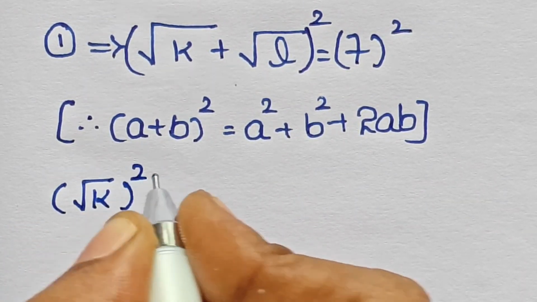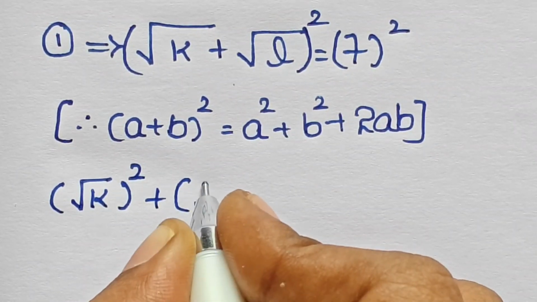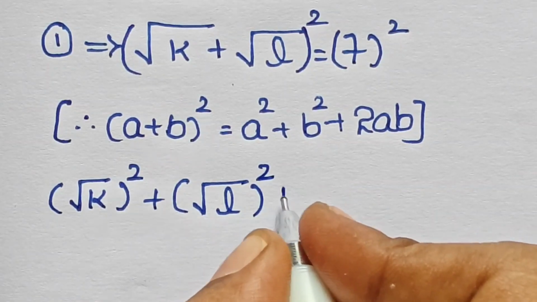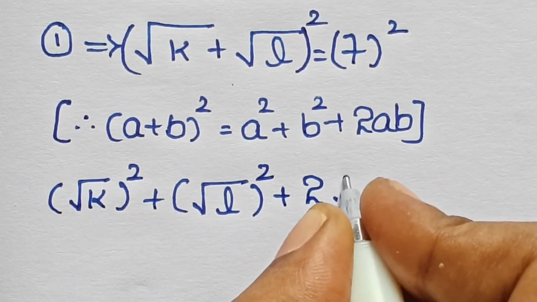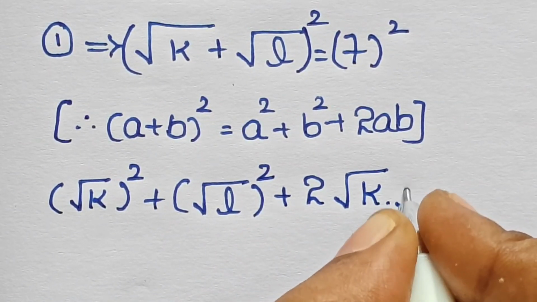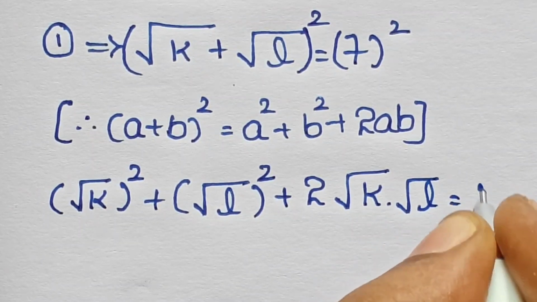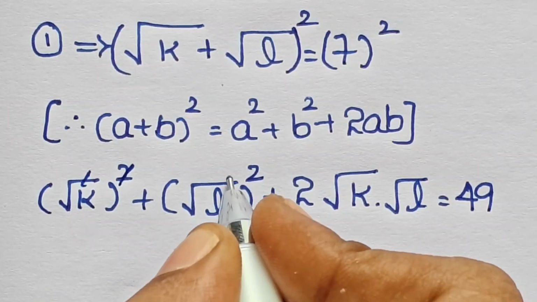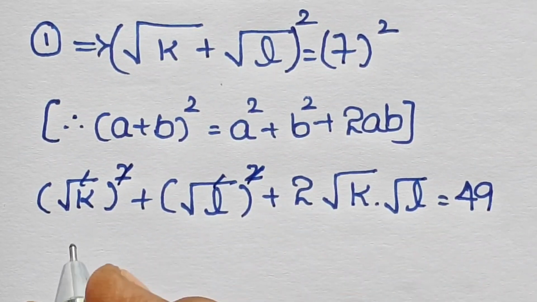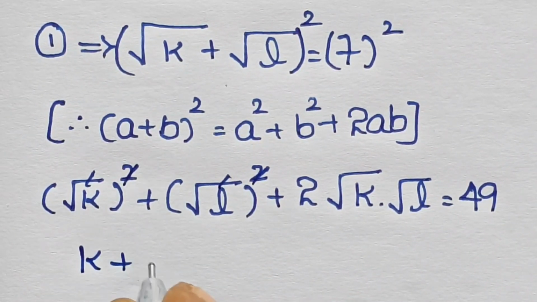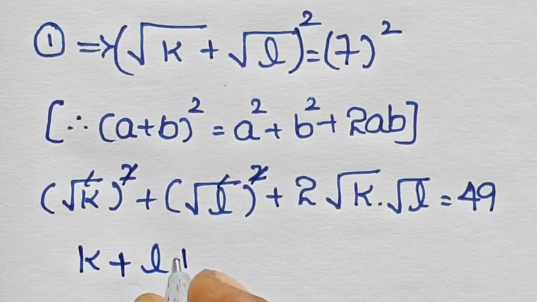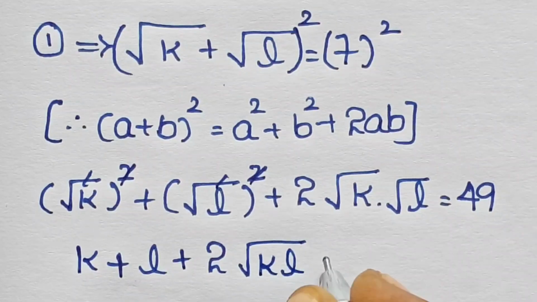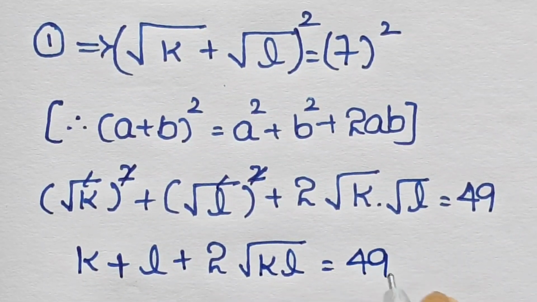So, (square root k) whole square plus (square root L) whole square plus 2 into root k into root L is equal to 49. Square and square root cancel. k plus L plus 2 root kl is equal to 49.